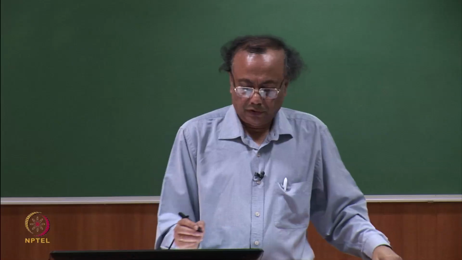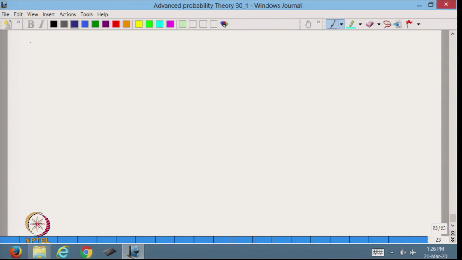So, before we conclude, let us have one more example. Let X1, X2, ..., Xn be IID Poisson with parameter 2.